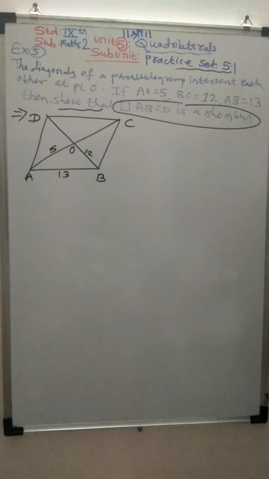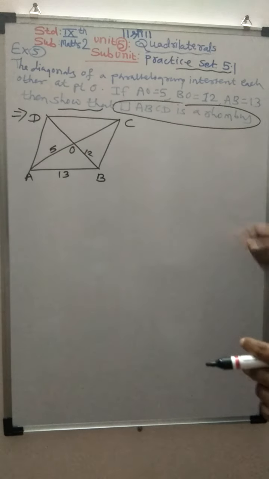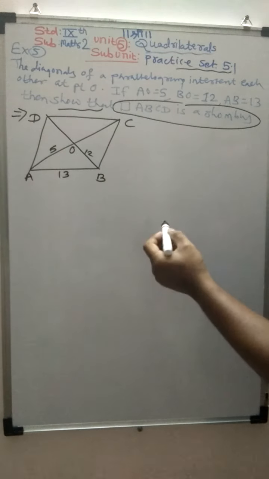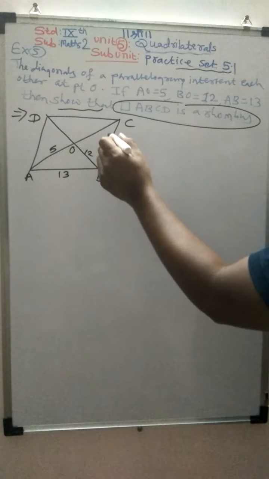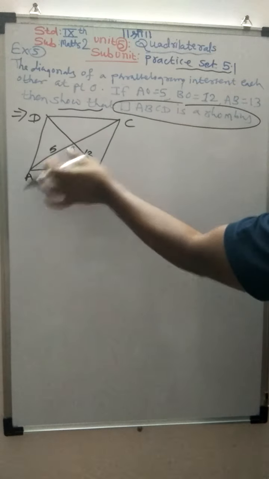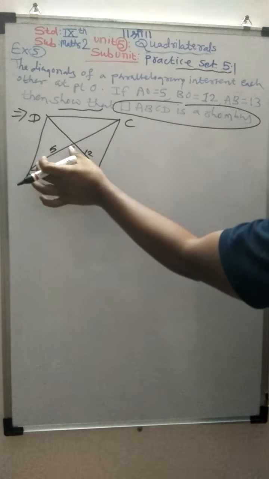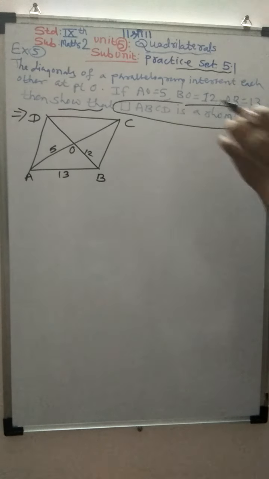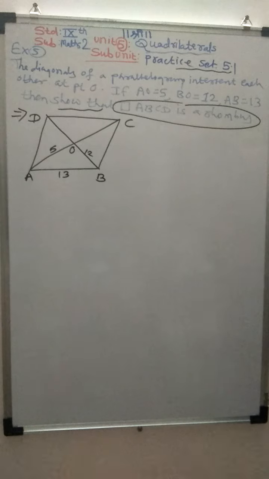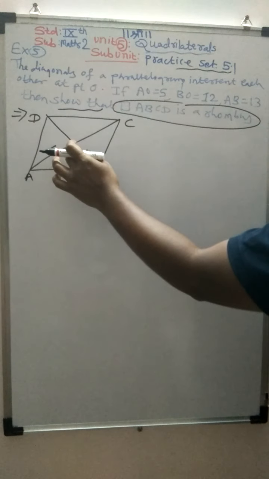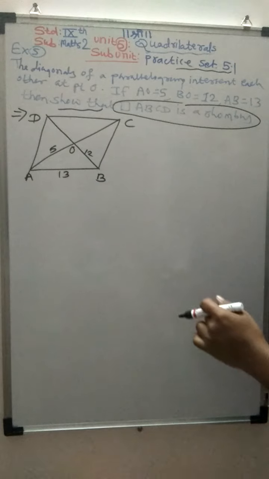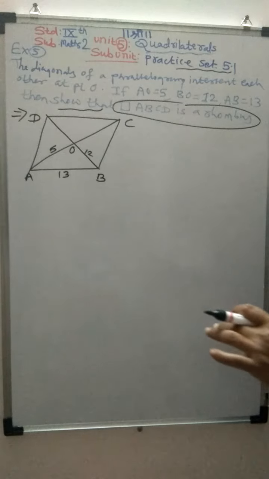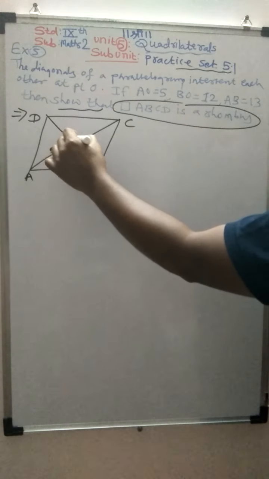Now to show the given parallelogram is a rhombus, we use the diagonal property. The diagonal property of a parallelogram is that diagonals of a parallelogram bisect each other. Means if these two diagonals intersect at point O, then OA is equal to OC and OB is equal to OD. And what is the diagonal property of a rhombus? Diagonals of a rhombus bisect each other at right angle. Means bisecting each other is the same property for parallelogram and rhombus, only perpendicularity is extra.